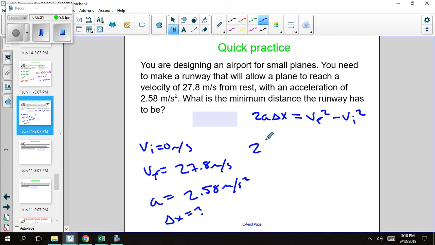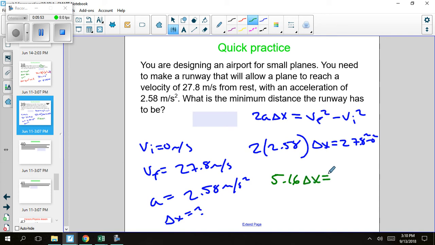Okay, so 2 times 2.58 delta x, what we're looking for, equals 27.8 squared minus 0 squared. So we got 5.16 delta x equals 772.84.